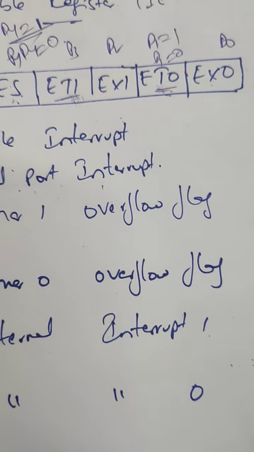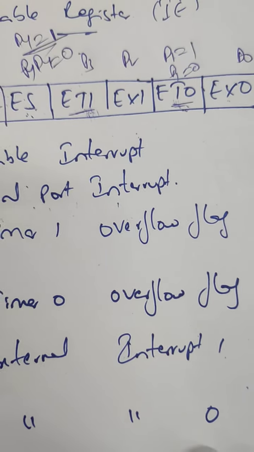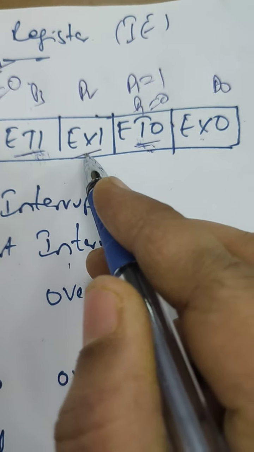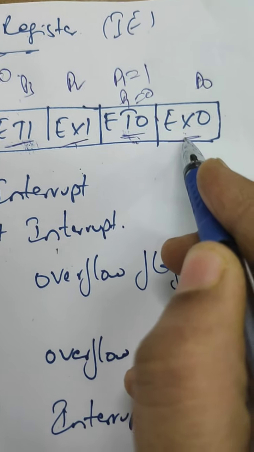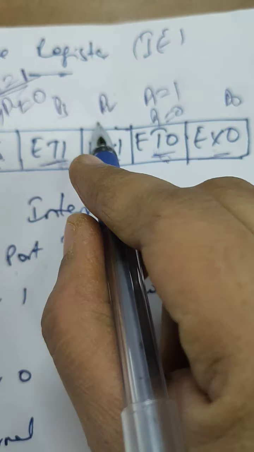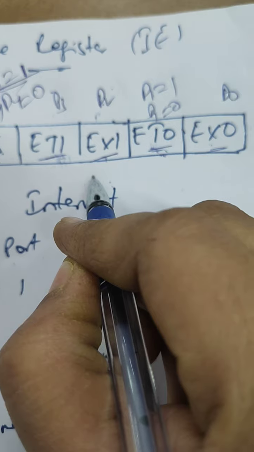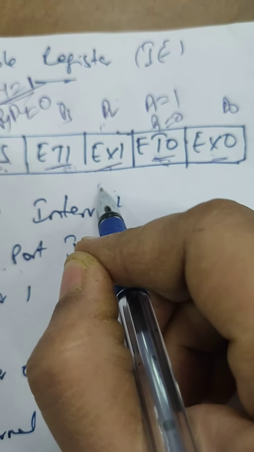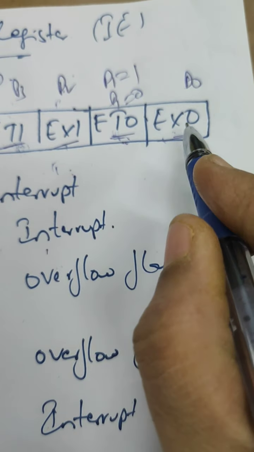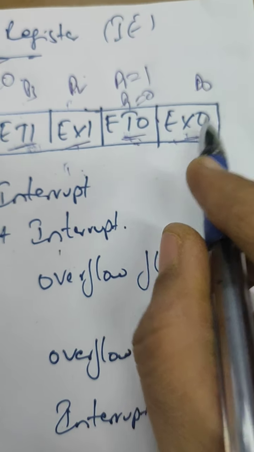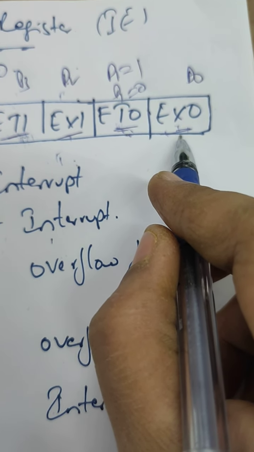We know that there are two external interrupts, interrupt 1 and interrupt 0. Similarly, if D2 is set to 1, it is enabling external interrupt 1. If it is set to 0, it is disabling external interrupt 1. Similarly, if the D0 bit is set to 1, it is enabling external interrupt 0, and if it is set to 0, it is disabling external interrupt 0.